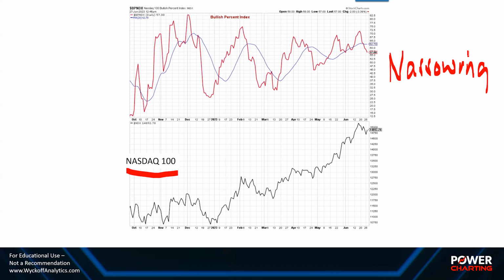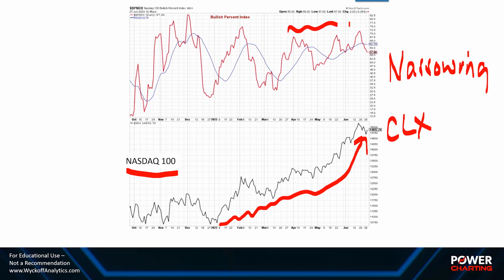And here you can see the acceleration, which has somewhat of a climactic quality to it, into the highs that were made mid-June, end of the second quarter, as we approach the extreme of seasonality. And we see that the internals of the market are really not expressing the internal strength. We will look for rotation, see if strength is coming into other areas of the market that are away.